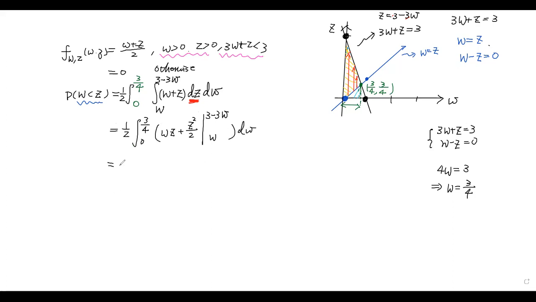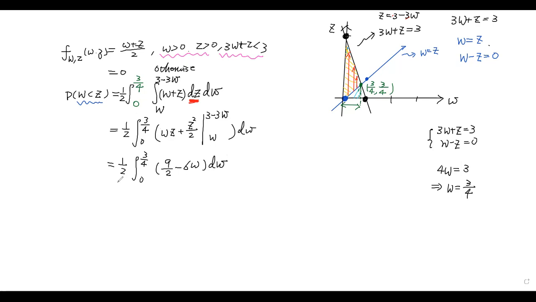Use a little bit of your algebra: substitute, expand, and you will get 9 over 2 minus 6w, with dw here.